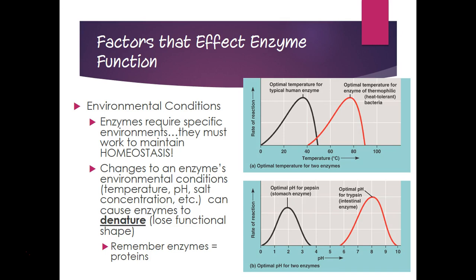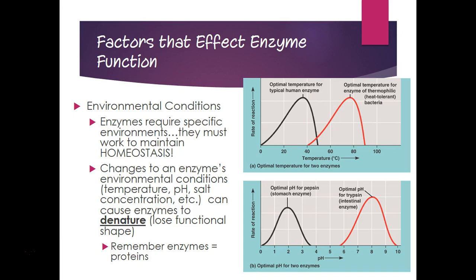In order for an enzyme to do its job, it has to be folded appropriately, just like any other protein in your body, which means that in order for these enzymes to work and do their job at their optimum, your body has to maintain homeostasis. We have to keep those stable internal conditions, whether we're talking temperature or pH or salt concentration.